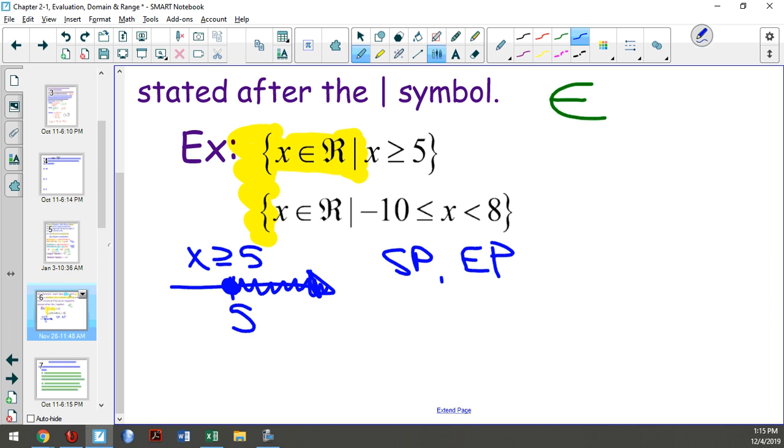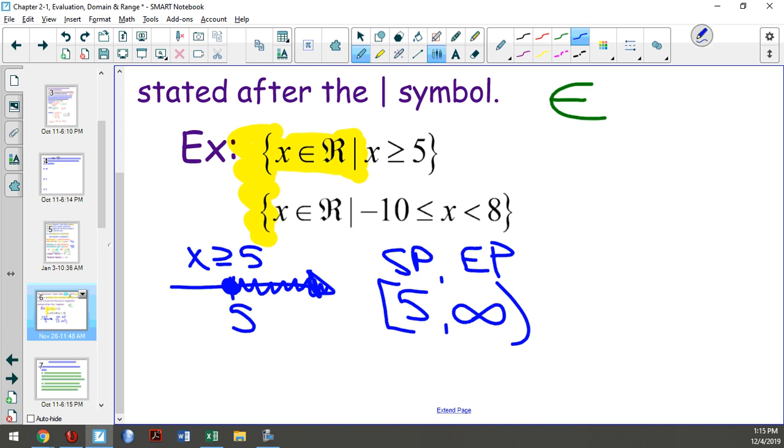What is my starting point for this graph? It is 5. Can it be 5? Yes. So do I have a bracket or a parenthesis? I have a bracket. And where do I stop shading? I never stop shading, so it goes all the way to infinity, which is why I'm going to use the infinity symbol. And then you always put a parenthesis there. Do we understand that?